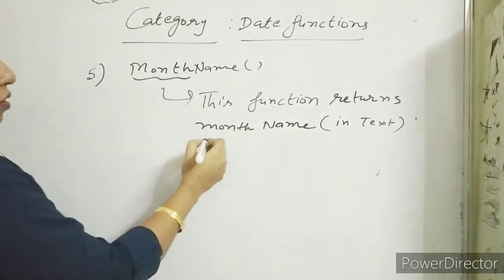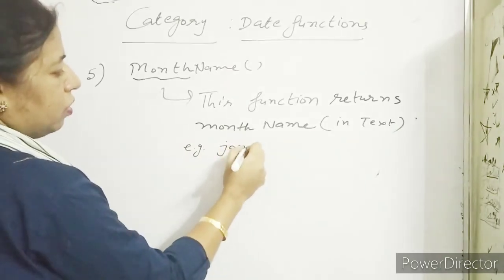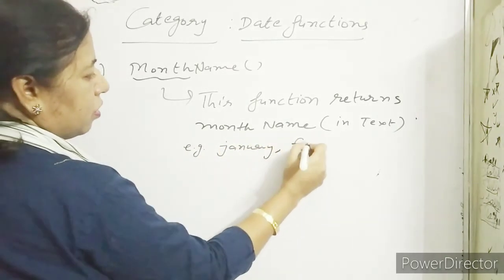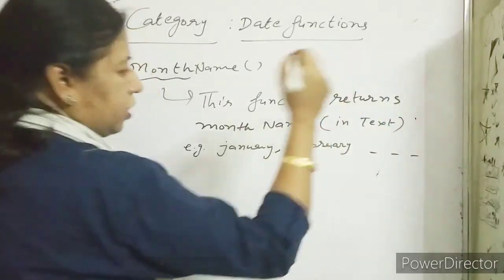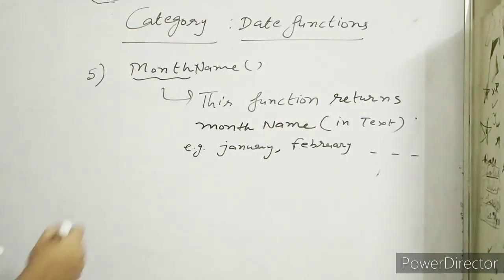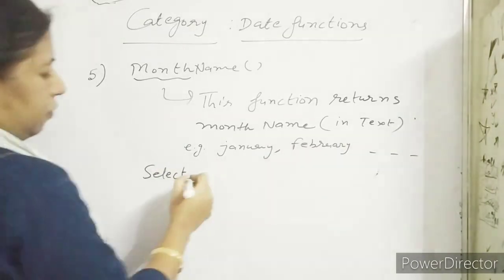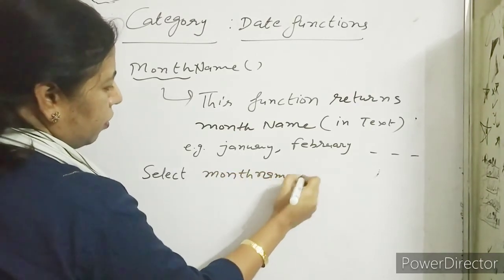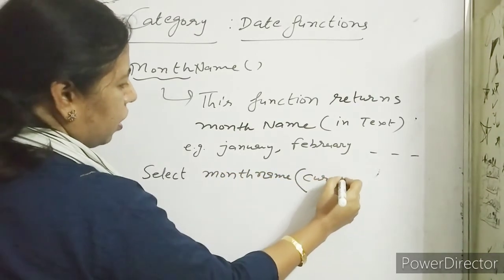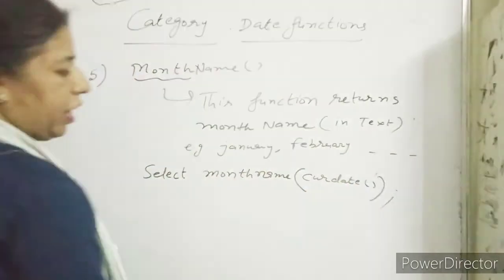Okay? Like for example, January, February. Clear? Whatever is the month, you will get the name. 12 months we have. If I want to display the current month name, what will I write? Select month name, bracket, current date. Clear? Semicolon. What will you get?